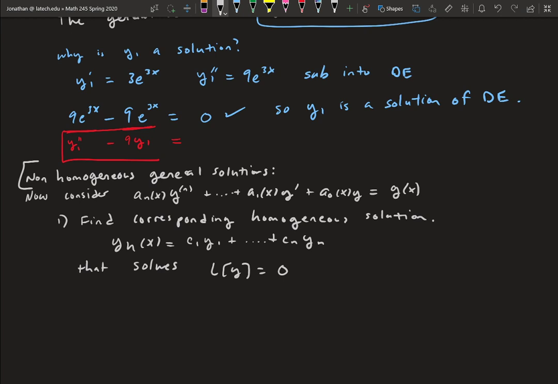So the first thing you always do is find what we call the complementary solution, or the homogeneous solution.